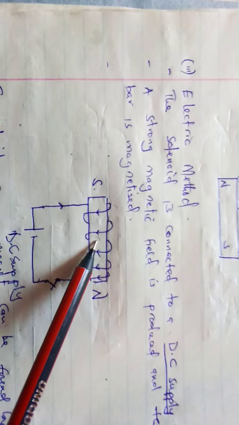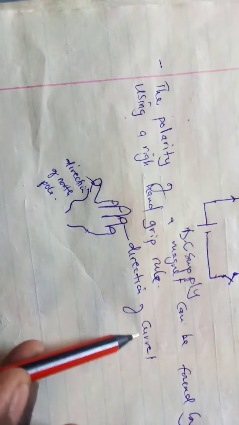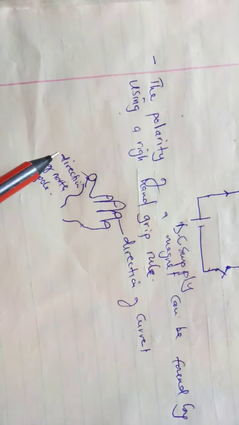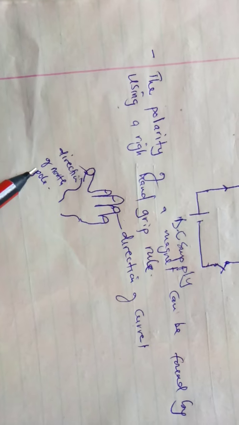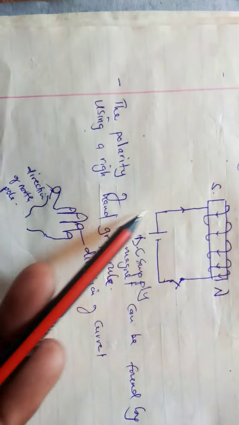So now how do you know where the North Pole and South Pole are? You use what is called the right hand grip rule. The fingers point in the direction of current, and the thumb points in the direction of the North Pole. So first of all, you follow where the current is going.